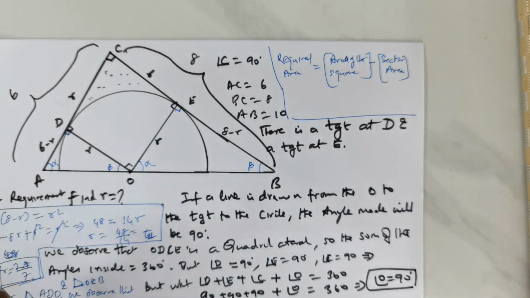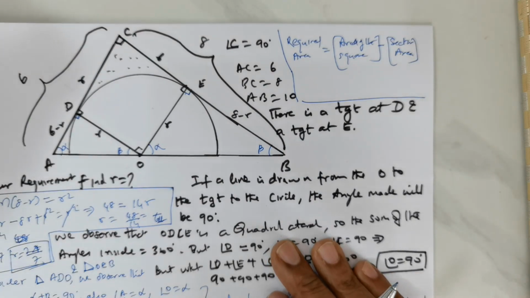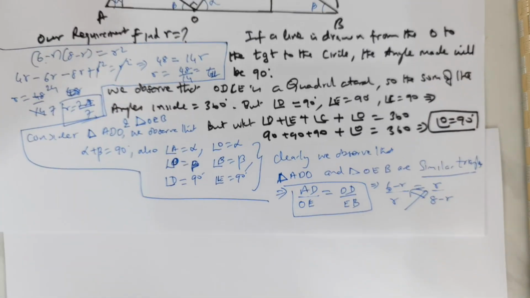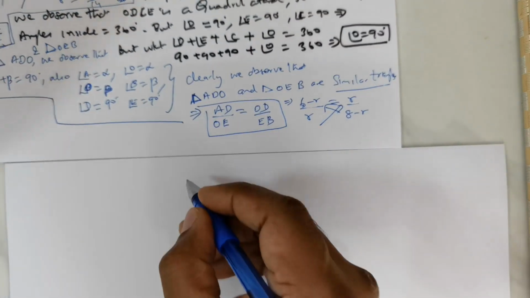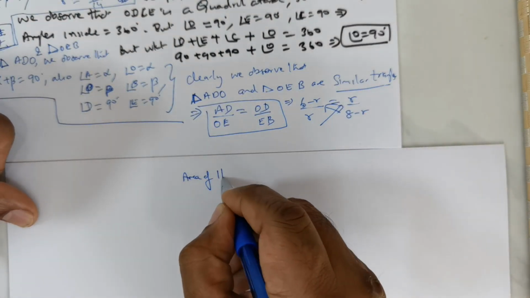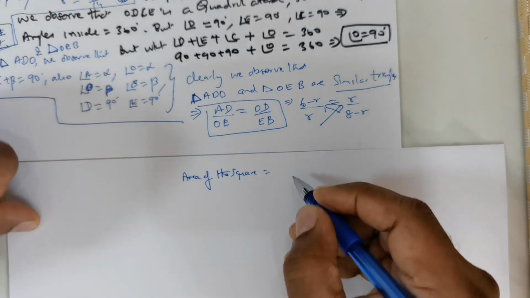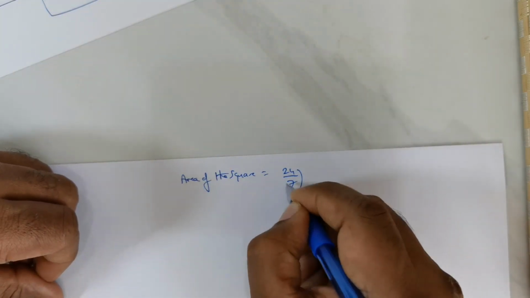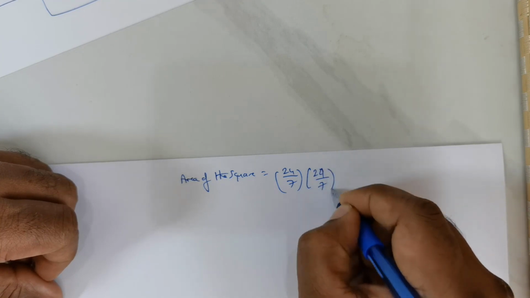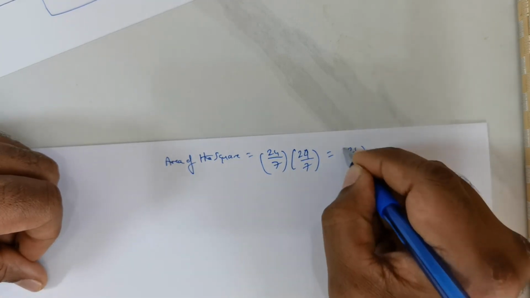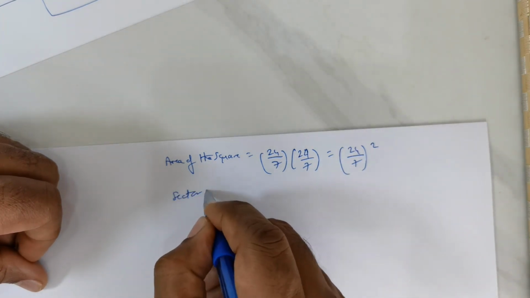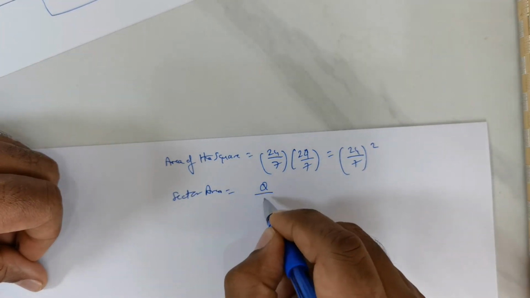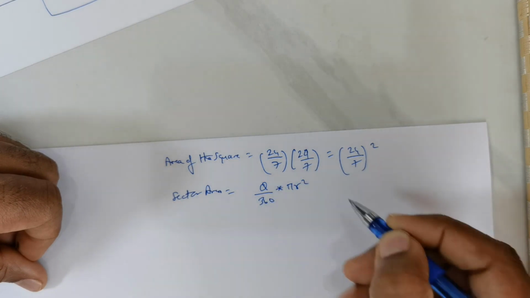So I need to go to the new page because it would give us some room to work out. So what is the area of the square? Area of the square is side into side. So the side is R units, and R is 24 over 7, so 24 over 7 multiplied with 24 over 7, which is 24 over 7 whole squared. Now sector area is equal to theta divided by 360 multiplied with pi R squared.